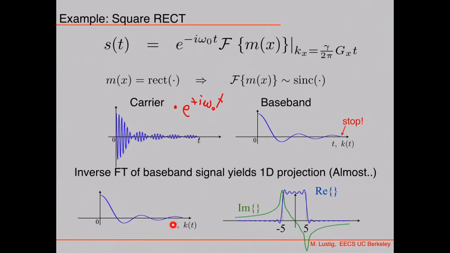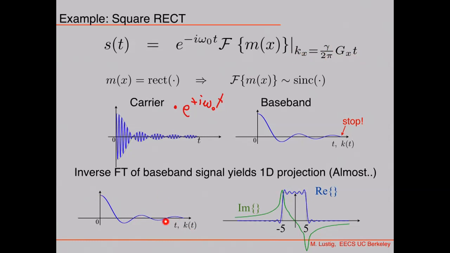Well, the axis is time, but it's also kt. K versus time, right? K corresponds to some linear function of time. So spatial frequency and also time. So the time signal represents the spatial frequencies. It's kind of a little bit out there.